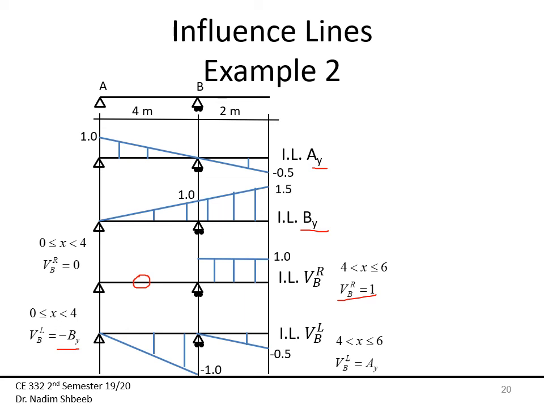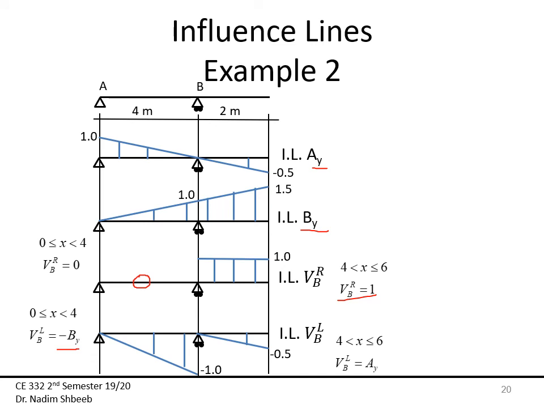Any questions? Feel free to. Well, not any questions. I left out the part where we draw the influence line for the moment. So before I leave the slide, as you can see, the influence line for the shear at B is different. Here you have to deal with the right portion of that shear and the left portion of that shear.